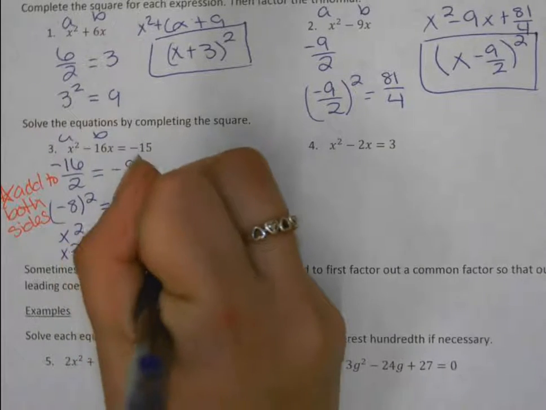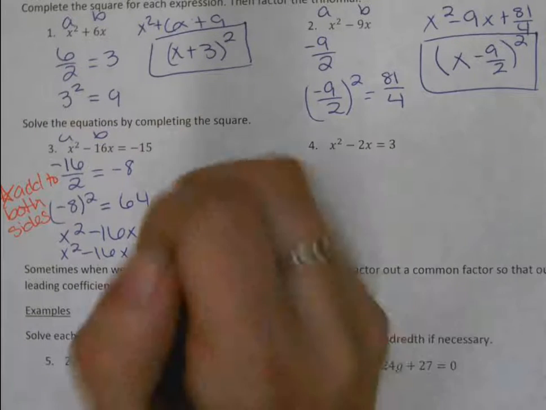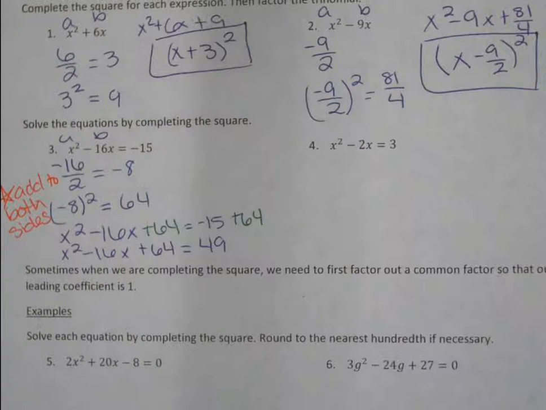So what's 64 plus negative 15? 49. Okay. I am sorry, I did not do this enough for you.